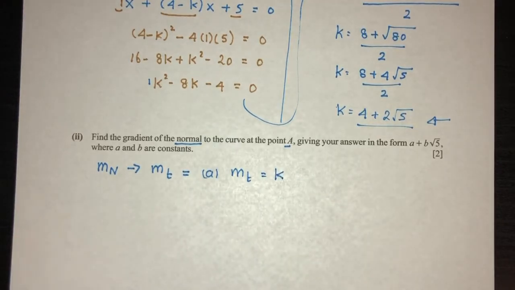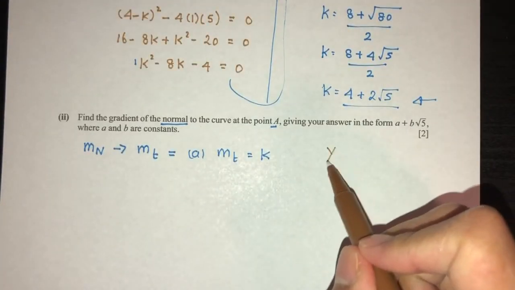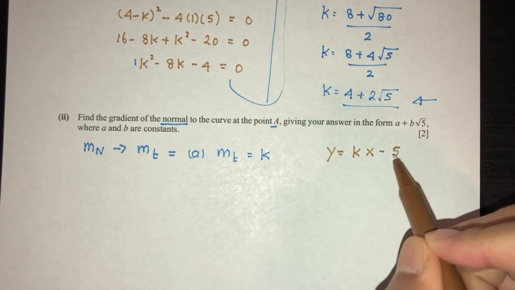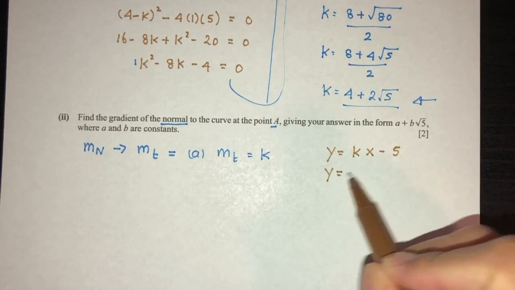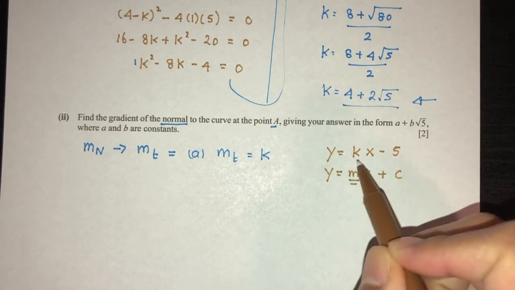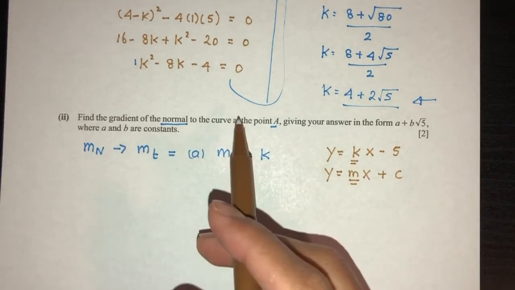So how do I know this? If you observe here, you will see you have a line. Let me write this down. Your line is y equal to kx minus 5. Now if you compare with your equation, y equals mx plus c, m is your k, which is your gradient. That's why k is your gradient of the tangent.